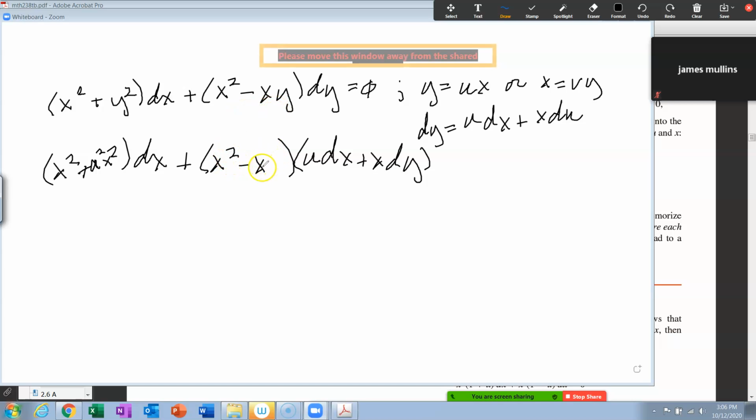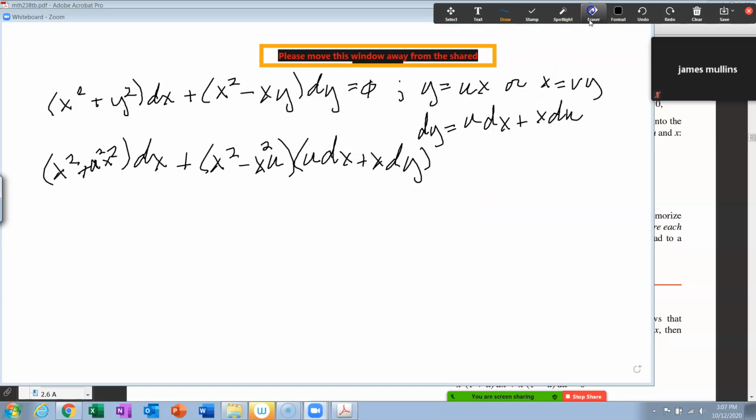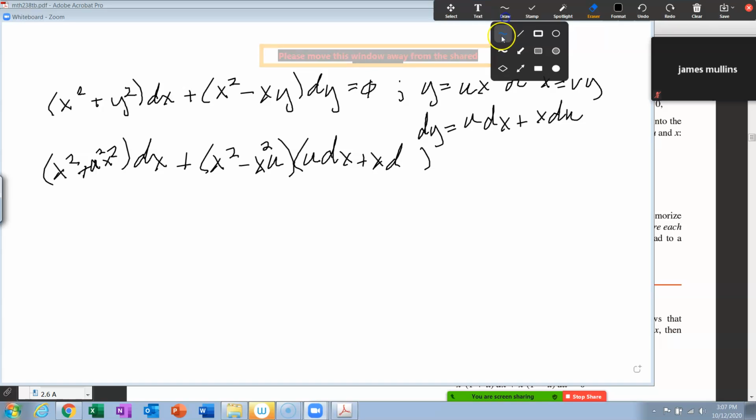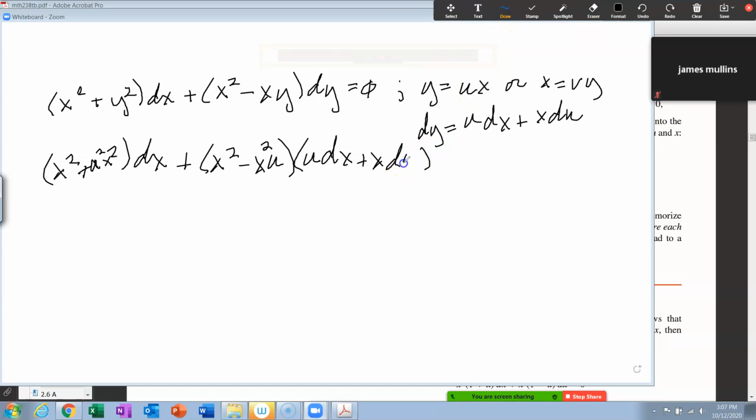This y becomes ux, so that would be x squared u, and then the dy becomes u dx plus x du. And for some reason I have a y there. I don't know why. Okay, so let me erase the y, and that's a u. Okay, sorry about that. And nobody caught me on that one. You're supposed to catch me and keep me from doing stuff like that.